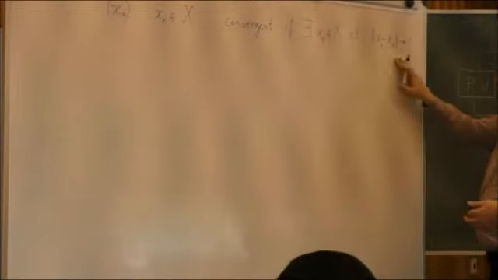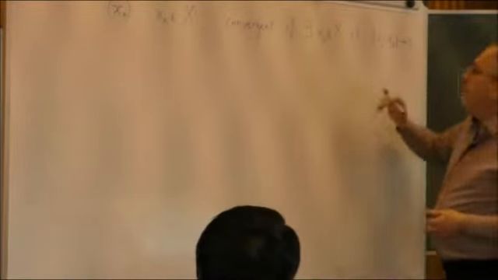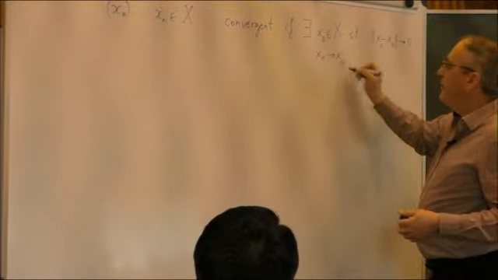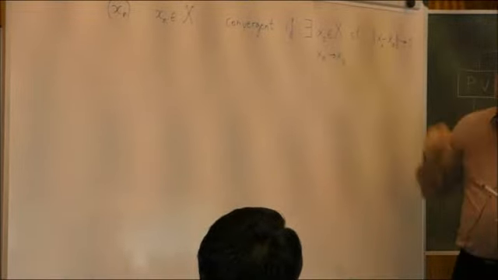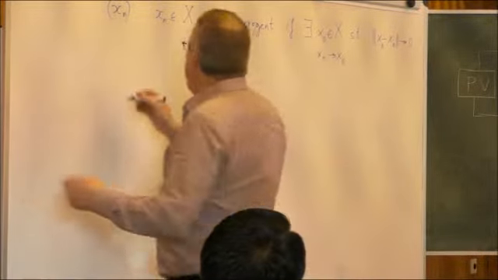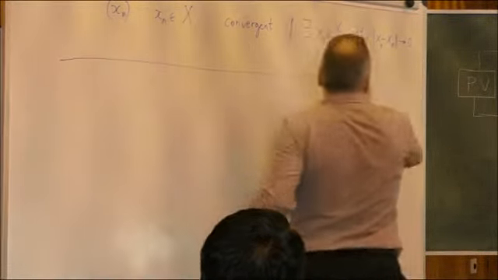If the norm of the difference tends to 0, then we say that xn converges to x0. So this is the definition of a convergent sequence.